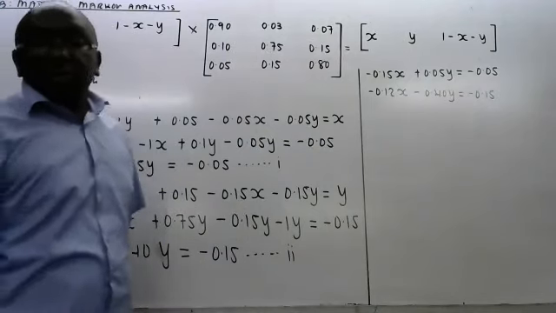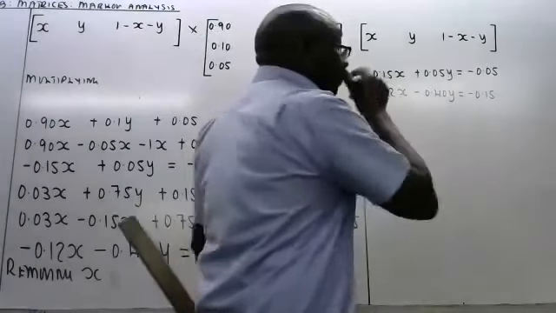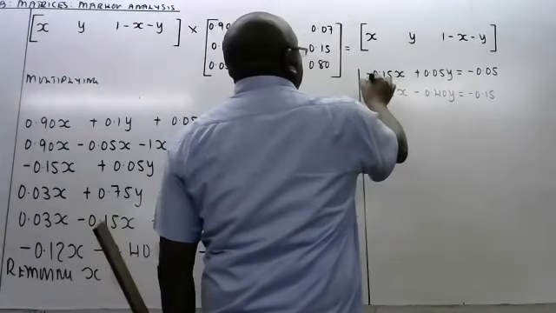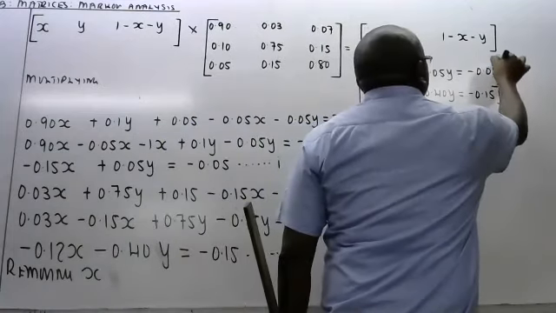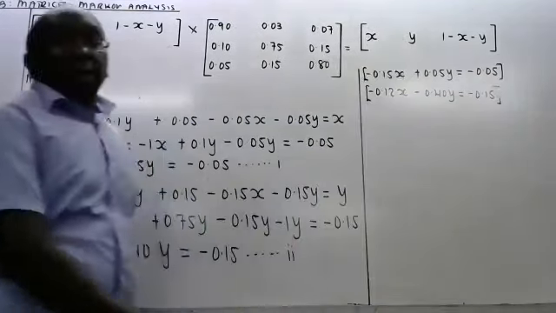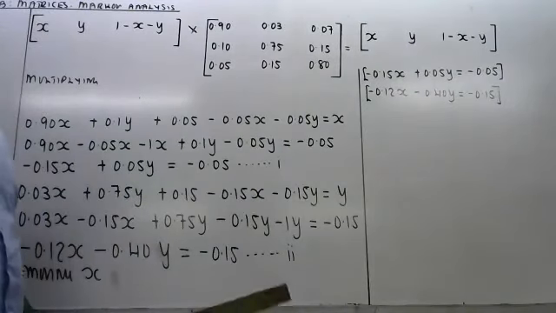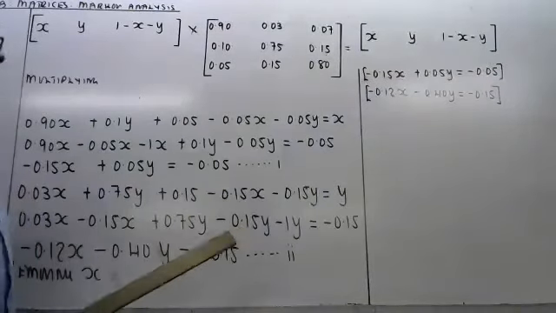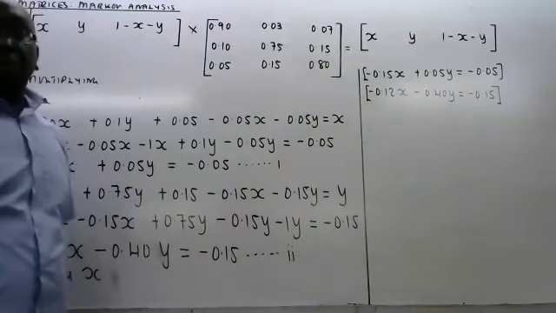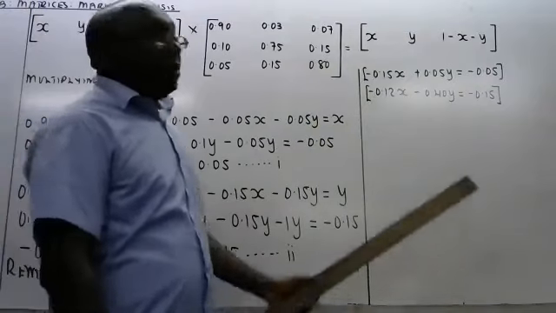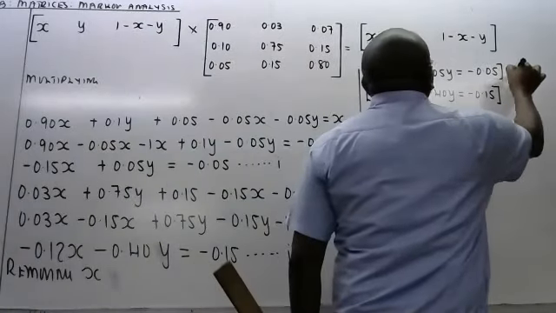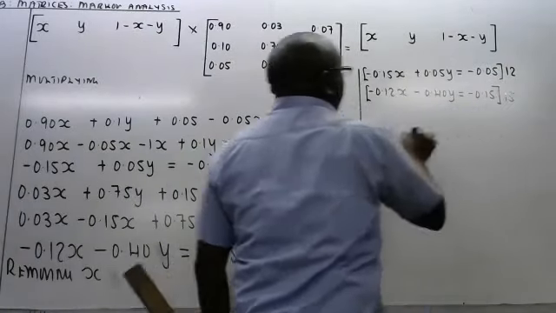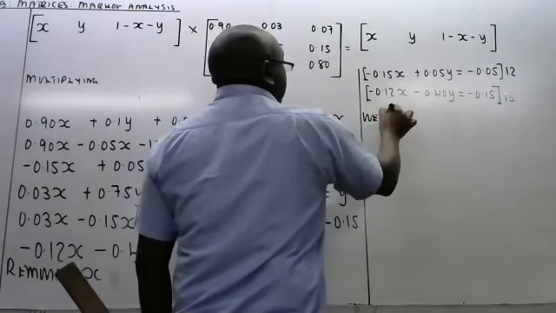You can use any method to eliminate and to solve. So no particular reason. For me to remove x, I multiply by opposite coefficients. And because these ones are decimals, let us multiply here by 12 and here by 15.